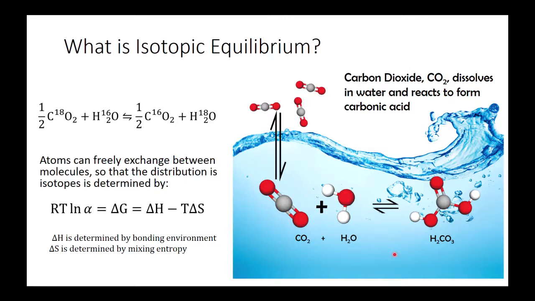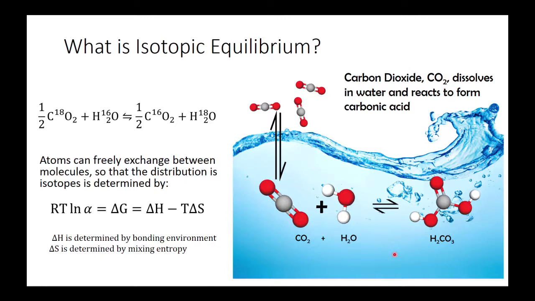There we go. So I guess I've been talking about this term isotopic equilibrium, and this is where you have maybe some different chemical species, and the element that you're interested in, in this case maybe oxygen, the isotopes of that can exchange quite readily between the different chemical species.